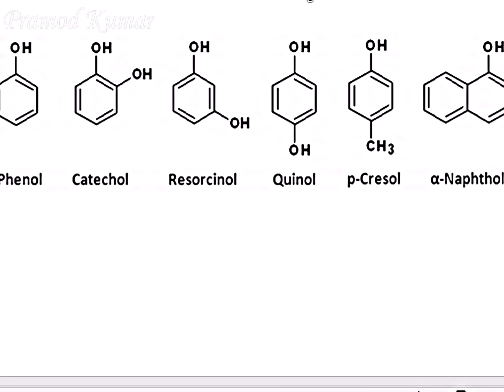Next, if there is a methyl group, it is known as paracresol, and if it is benzofused, then it is known as alpha naphthol. So these are the different types of phenols that are present.